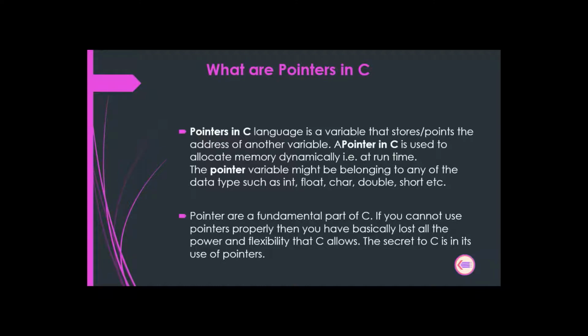The pointer variable might belong to any of the data types such as int, float, char, double, short, etc. So the pointer is not restricted to a few data types. It can point to all the data types. And basically, the purpose of a pointer is to store an address in a memory location.